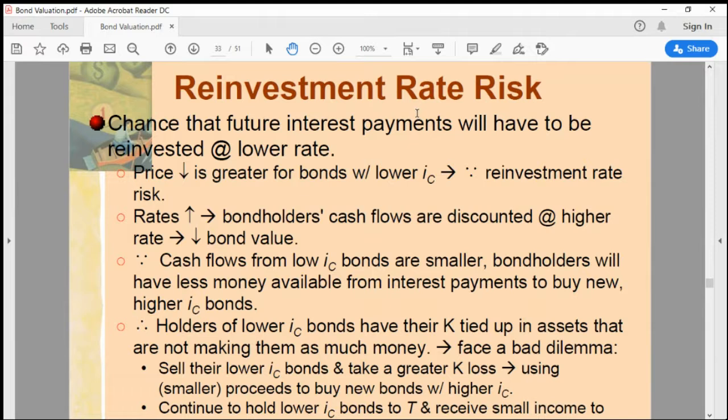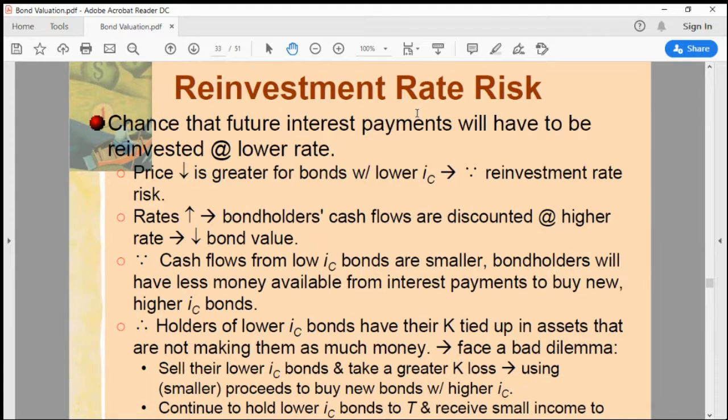But then there is also reinvestment rate risk, because think about it. We've been assuming all along that if you receive interest from the bond or dividend from the stock, let's assume you're receiving interest on the bond, you can reinvest it at the same cost of capital.